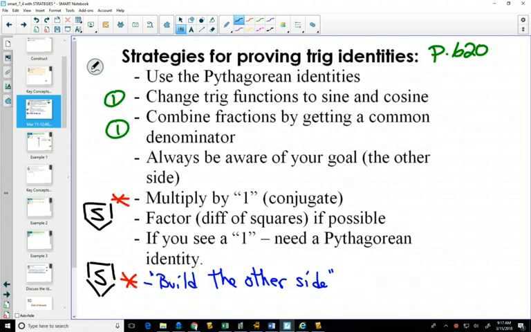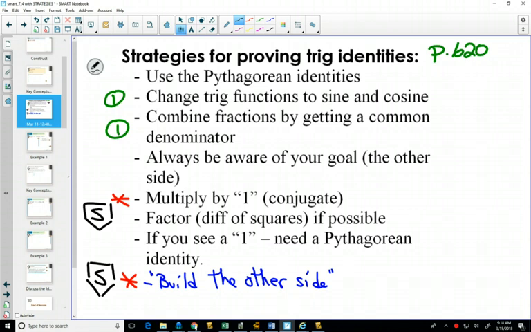Sometimes you're going to do the main strategy, change to sine and cos, get a common denominator, get both sides to a single fraction, and 80 to 90% of proofs will be done at the end of that. Sometimes it's just one little easy step to finish them. So you're going to finish a lot of proofs just using our basic strategy. But sometimes you're going to do that, and when you're done, you are going to be stuck.